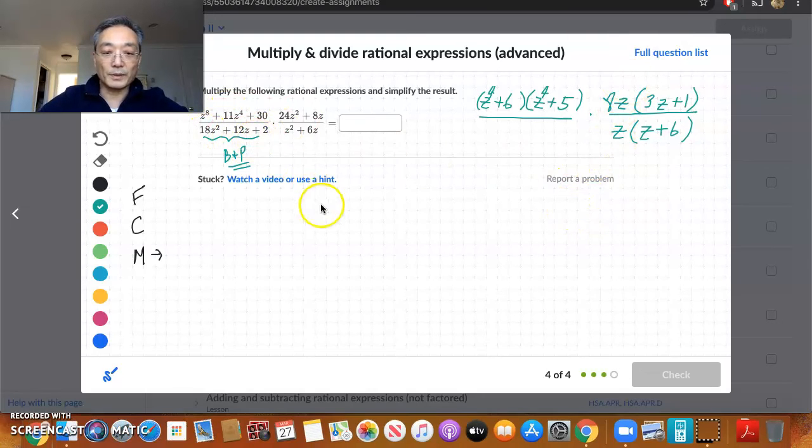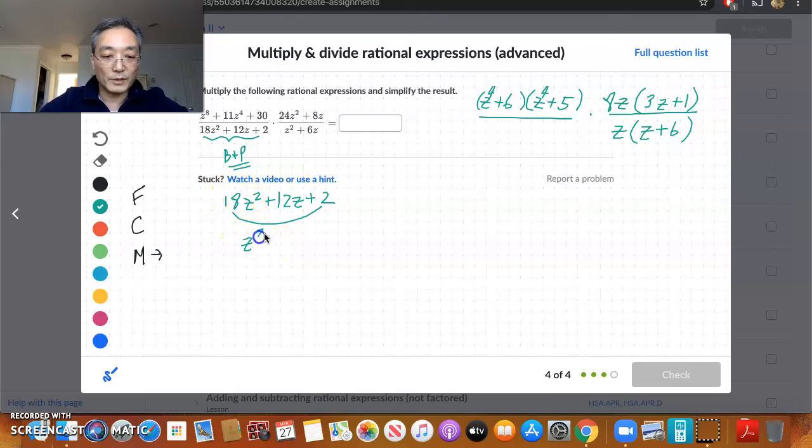Now, let's do this using borrow and payback. So here's our borrow and payback. Here we have 18z squared plus 12z plus 2. Okay, remember borrow and payback? Multiply the first coefficient with the constant and get rid of the first one, right? Put a 1 there.